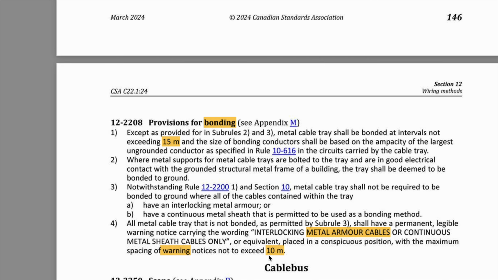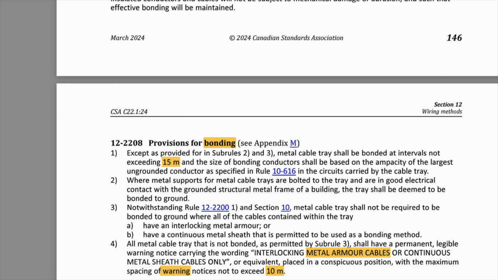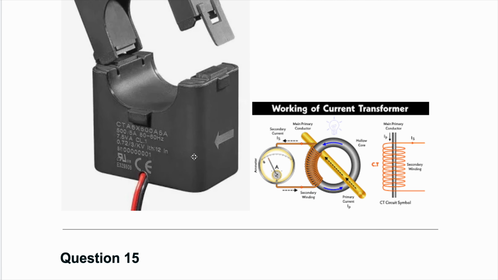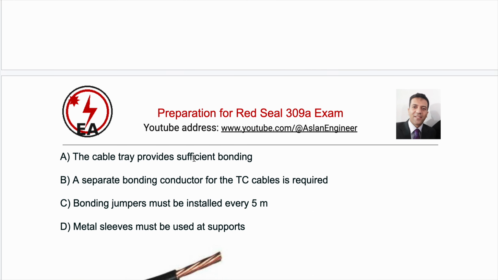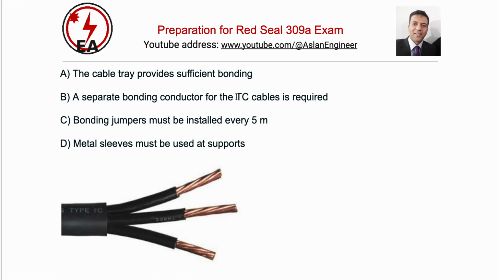I've seen this kind of question, but okay, so the correct answer is a separate bonding conductor, because these cables don't have the conductor. This can be the correct answer.